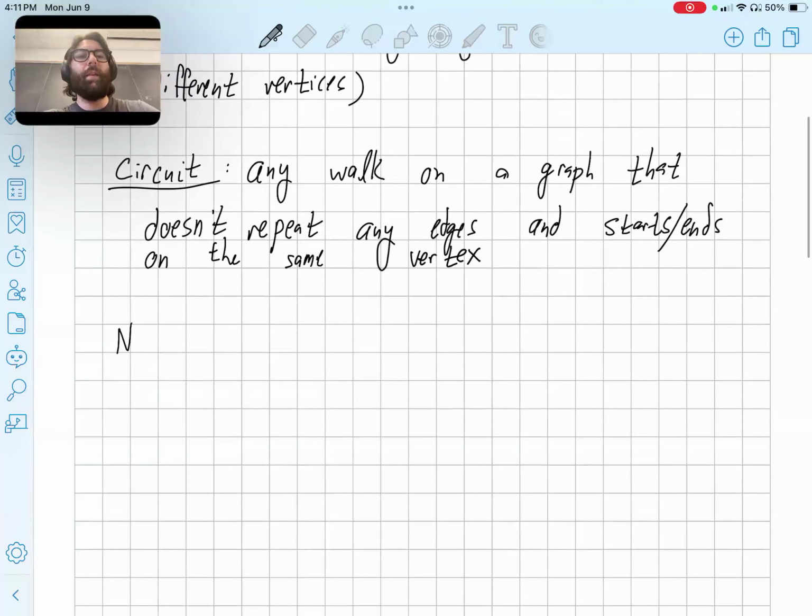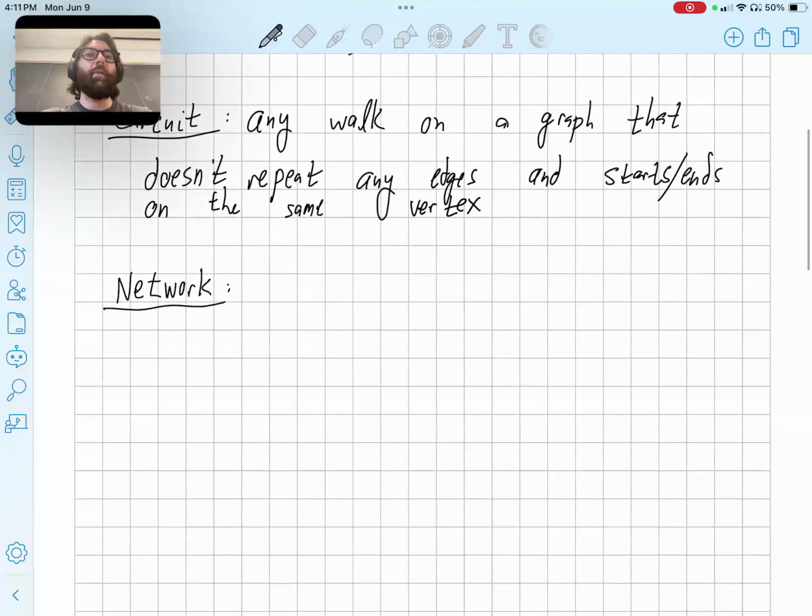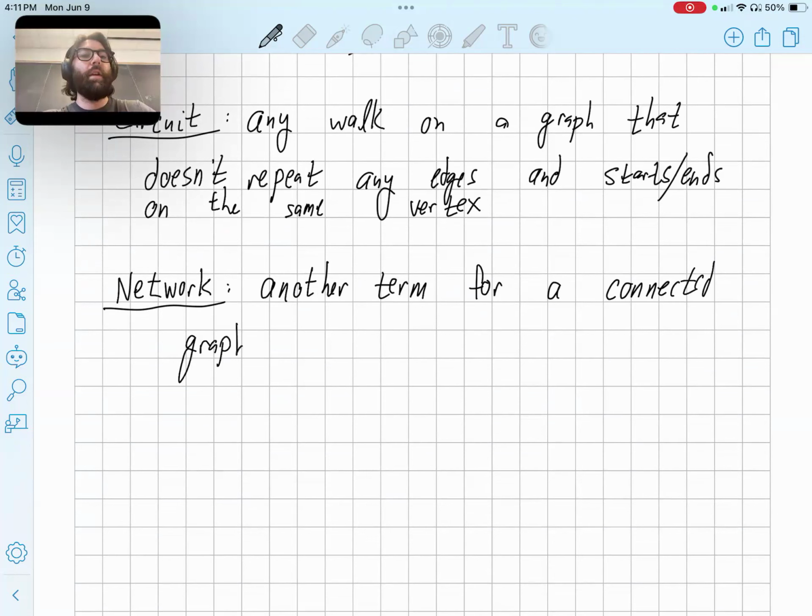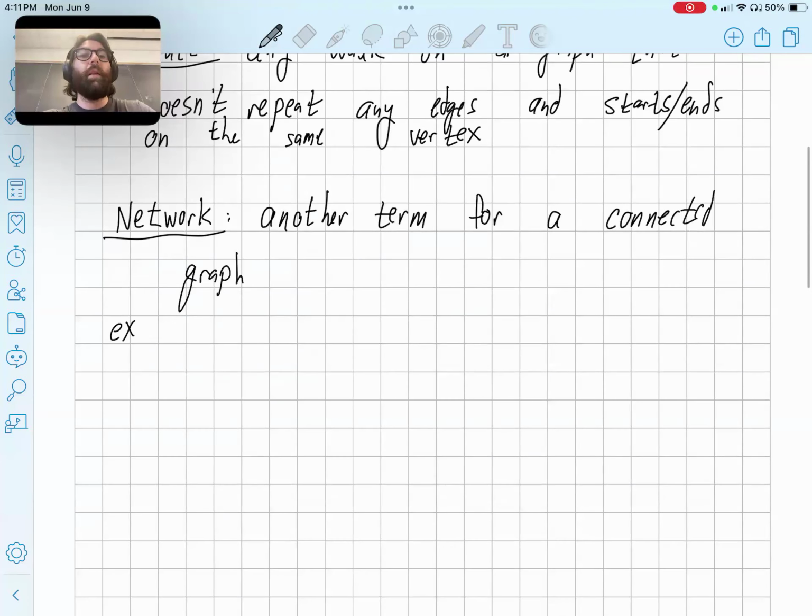And a network, you'll see this a lot in computer science or other applications. A network is just another term for a connected graph. In our example, a few videos ago, this was the graph that modeled friendships.